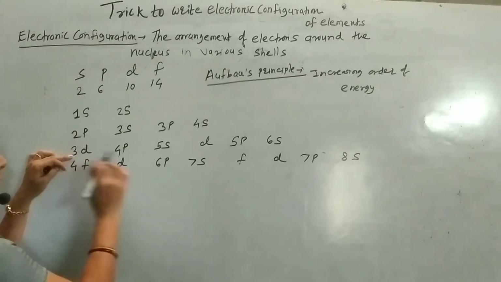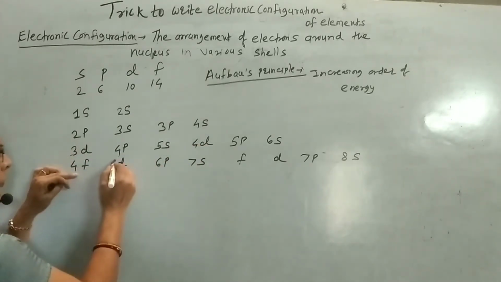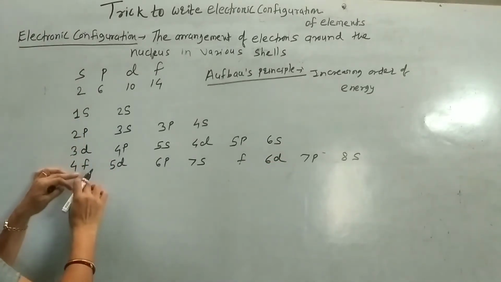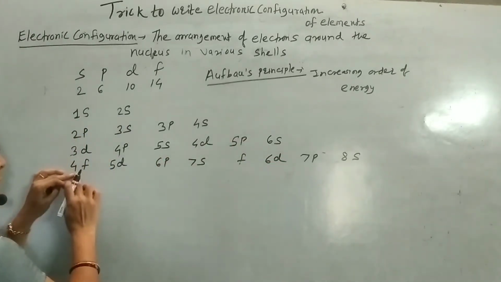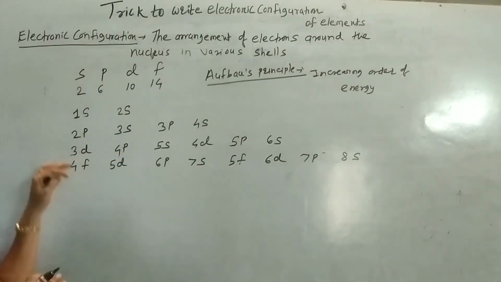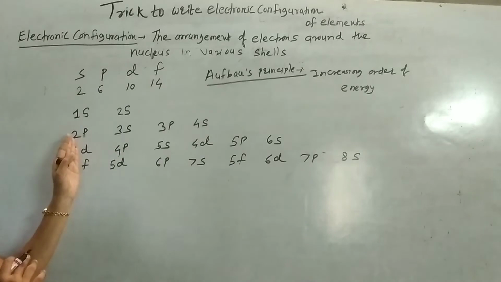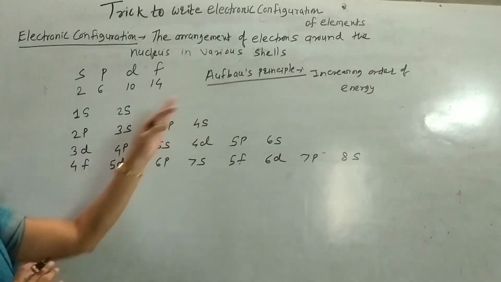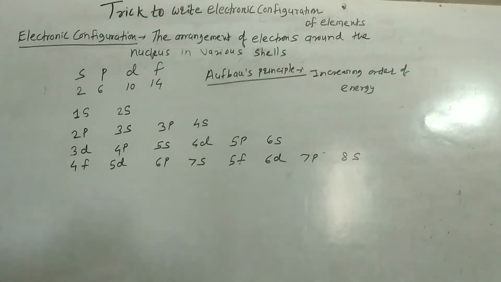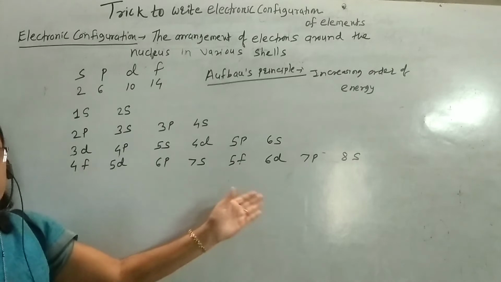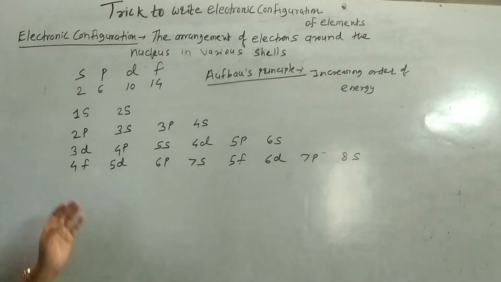Then d from 3d, 4d, 5d, 6d. Then f from 4f, then 5f. If I consider them one by one, 1s, 2s, 2p, 3s, 3p, 4s, going this way, ultimately according to the above principle, the electrons are added in increasing order of energy of these subshells.